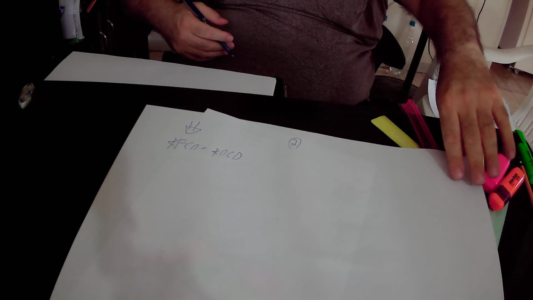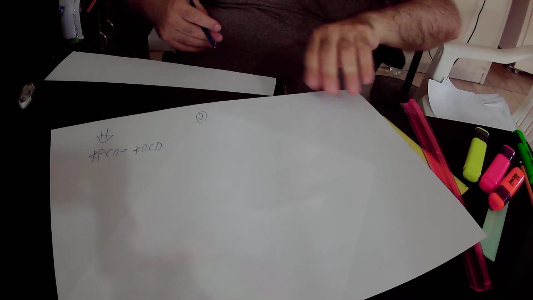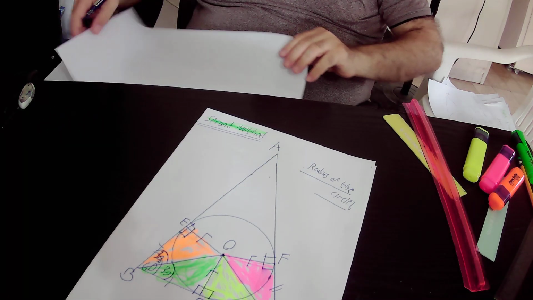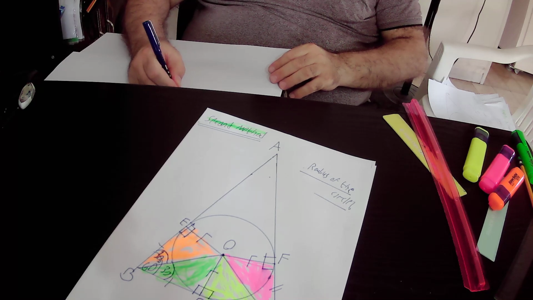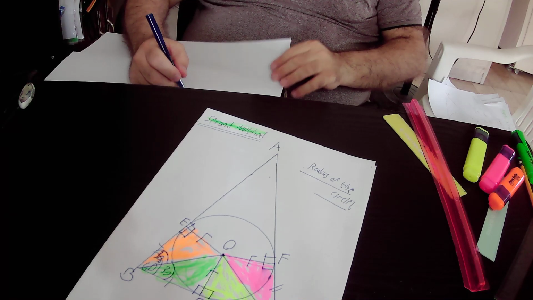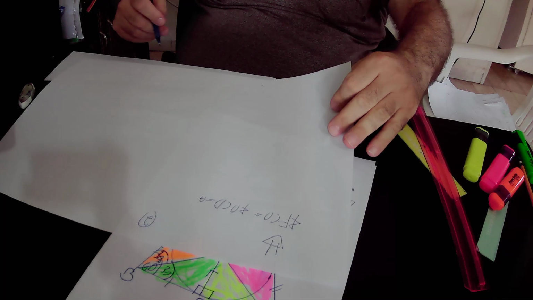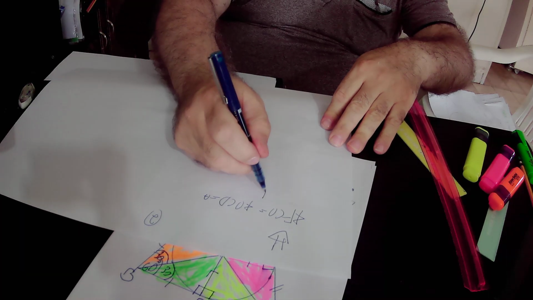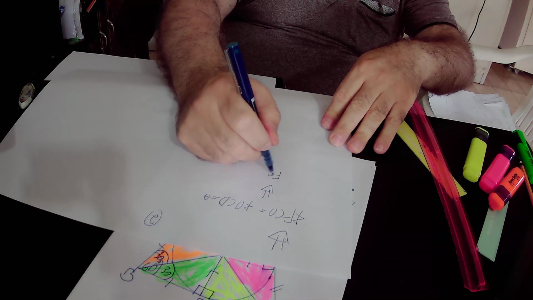If we define one angle as theta, so that angle OCD equals theta, then from this equation we derive that angle FCO also equals theta.